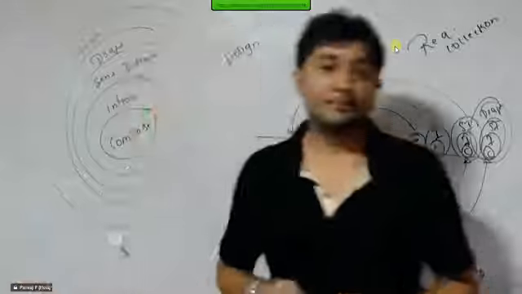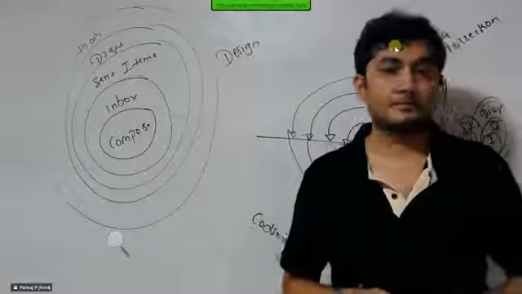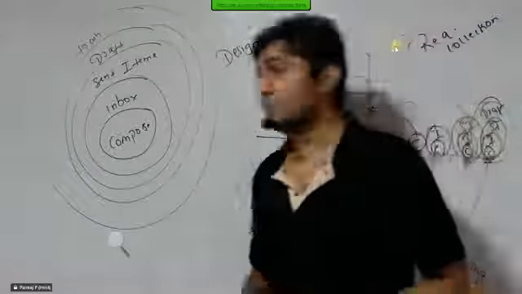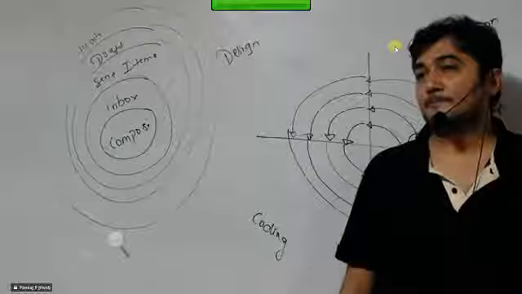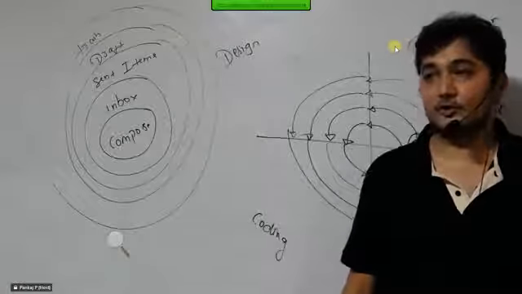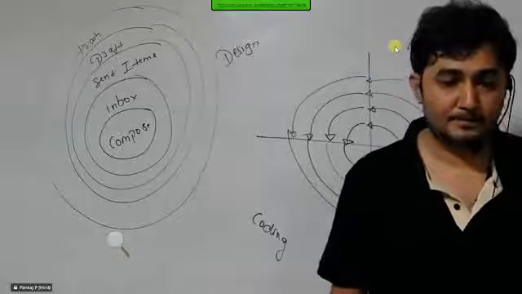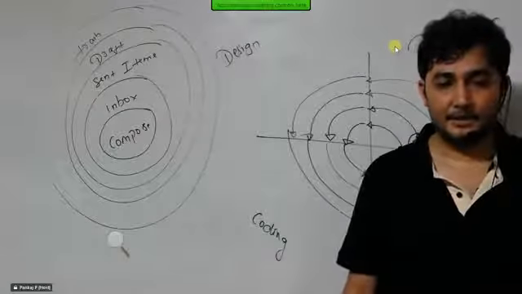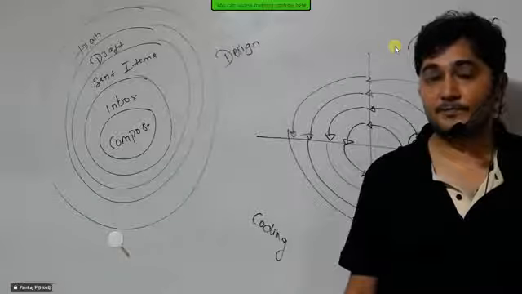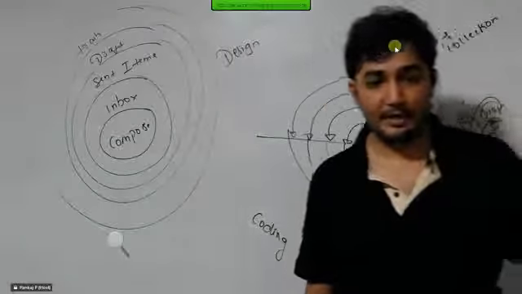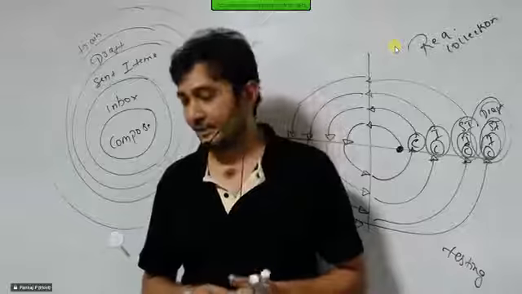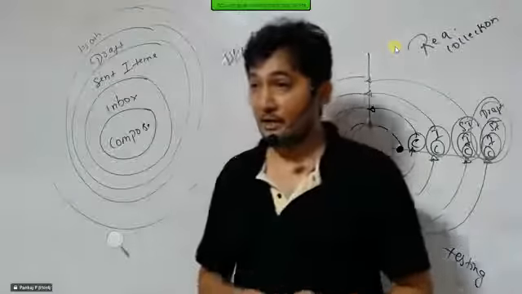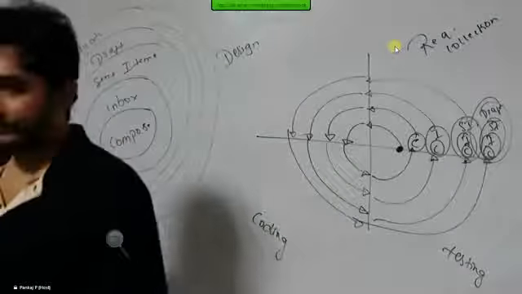Write down. In spiral model, development of the software is carried out in part wise or iterative manner.